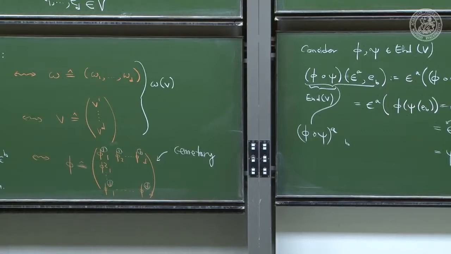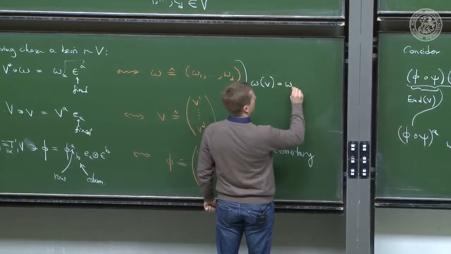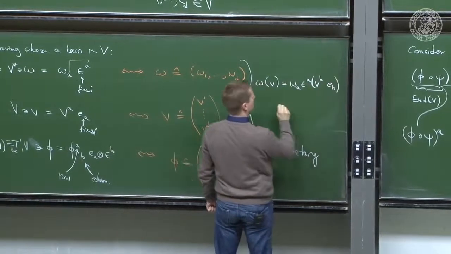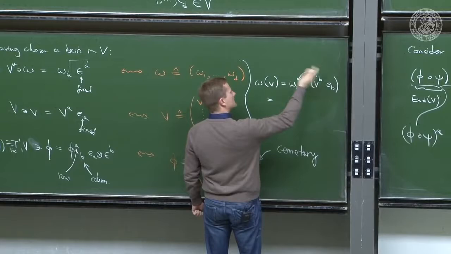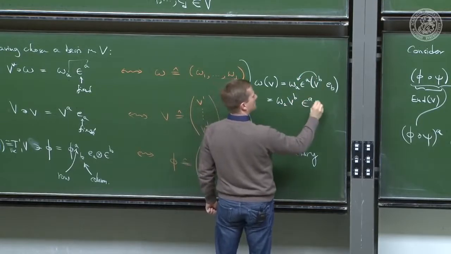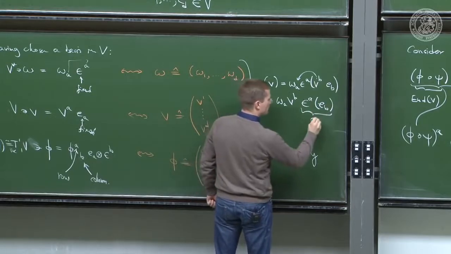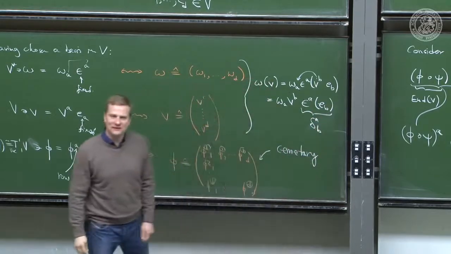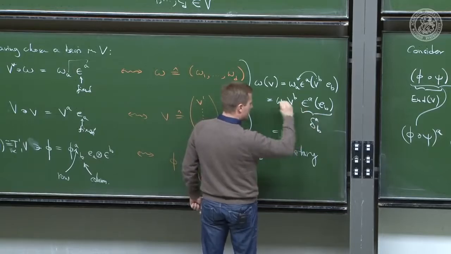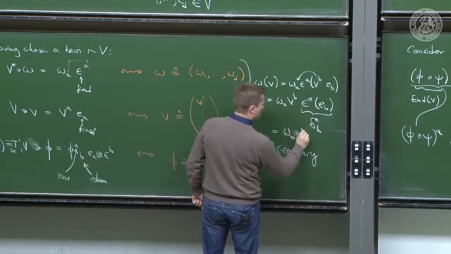That's the definition. But that's omega A, epsilon A, VB, EB. You pull out the sum that's invisible, you pull out the numbers, VB, and they have epsilon A, EB. And now, if you have chosen the dual basis, this is a delta AB. And if this is a delta AB, then this double sum over A and B yields omega M VM.